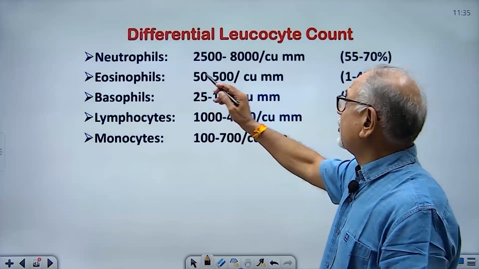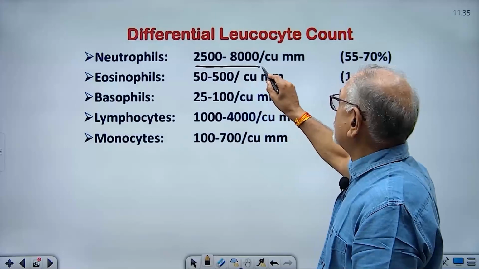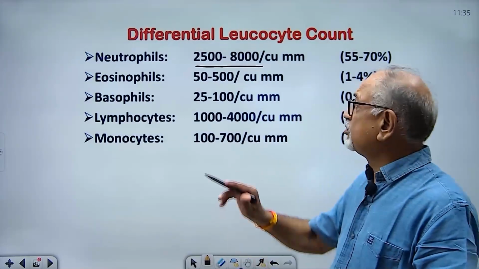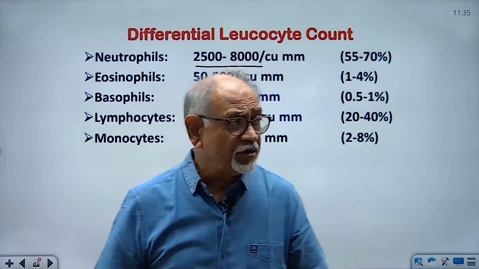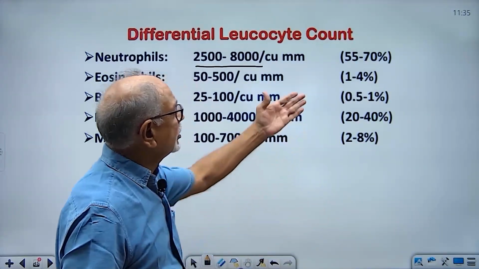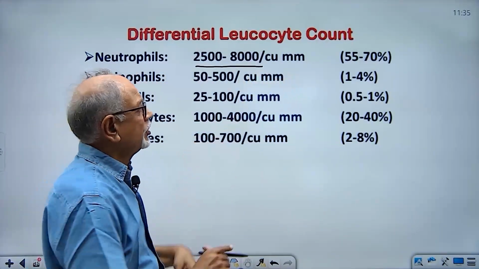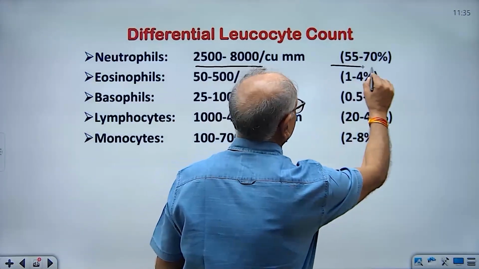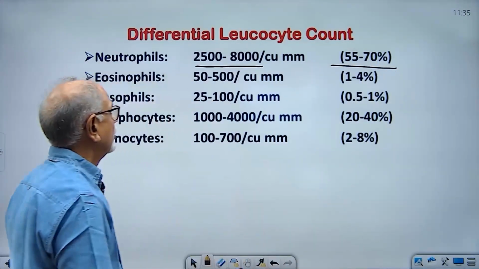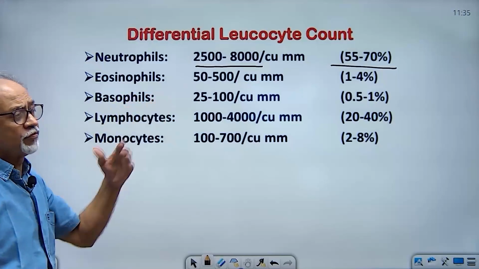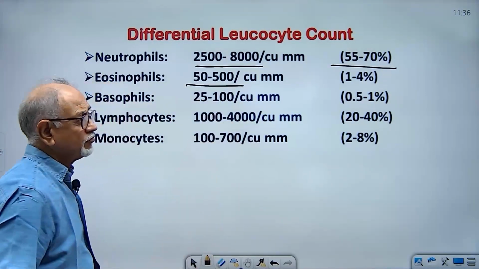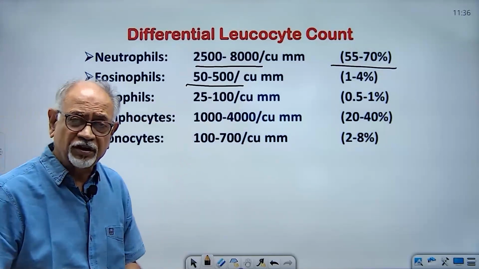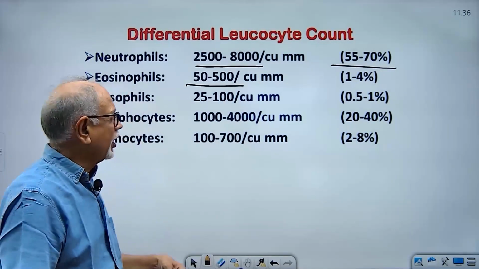The neutrophils are 2,500 to 8,000 per cubic millimeter. That is, they form the major share of leukocytes, that is 55 to 70%. Then comes eosinophil, which are about 50 to 500 per cubic millimeter, forming only a 1 to 4% share of the leukocytes.